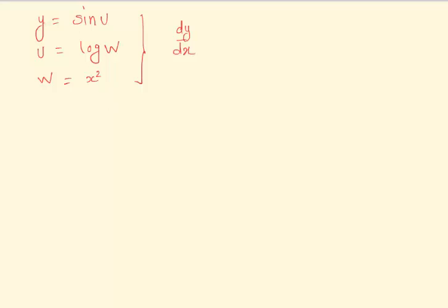As you can see, y indirectly depends upon x, so it is equal to differentiation of y with respect to u, because y is a function of u, into differentiation of u with respect to w, because u is a function of w, and differentiation of w with respect to x, because w is a function of x. So it can be extended to any number of variables.